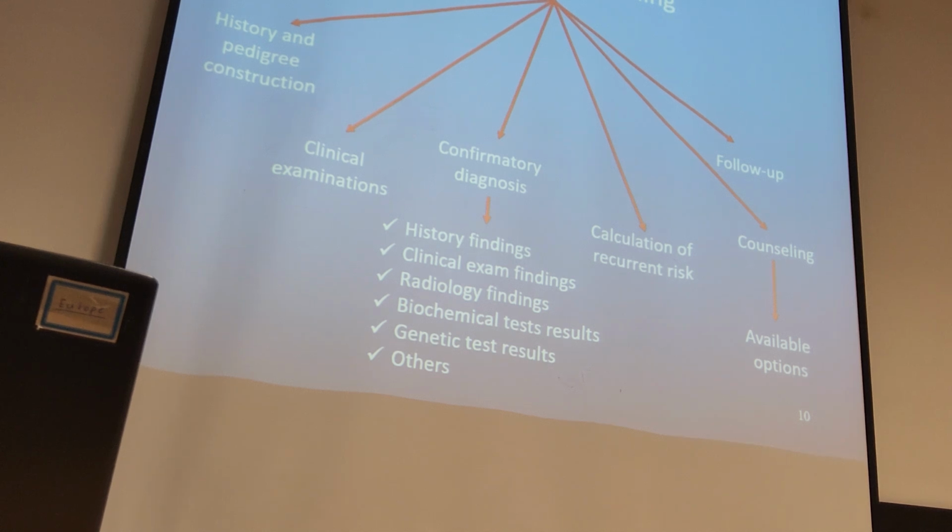Maybe we need to have some clinical examination at the genetic counseling session, and we may need to have some tests: clinical exam, radiology, biochemical, genetic test, and other tests that we may need to confirm the diagnosis. Also calculation of the risk, recurrence risk, and then talking about the available options and following up that family.